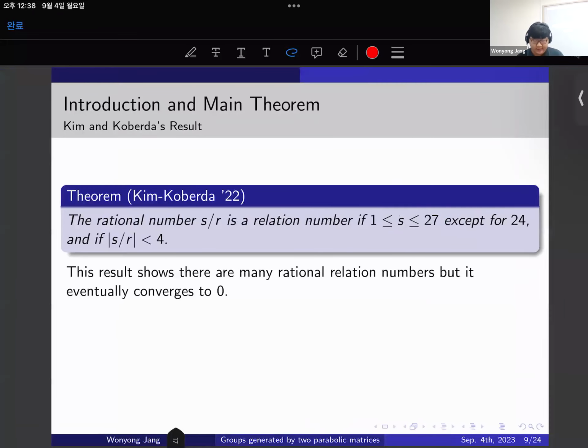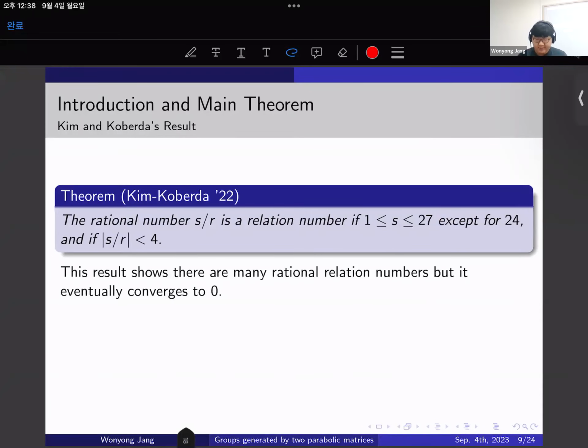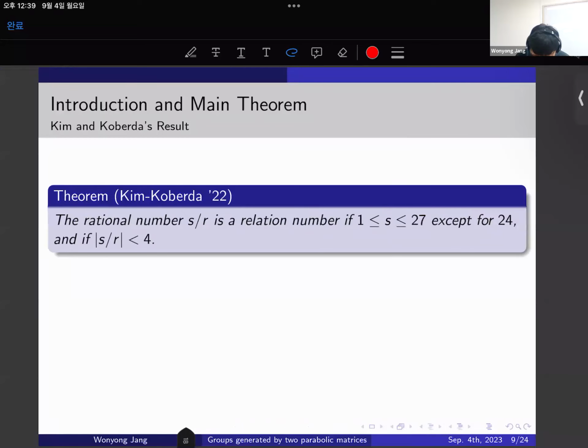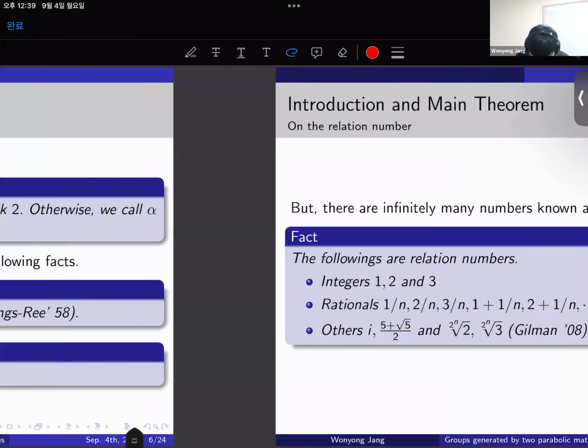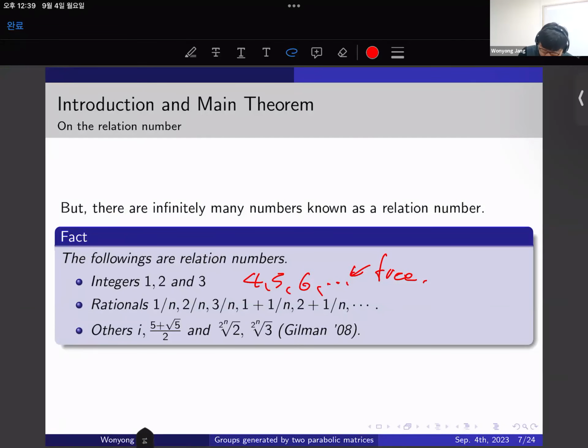So this result shows that there are many rational relation numbers, but because the numerator is bounded, because S is bounded, it eventually converges to 0. As I present, these numbers converge to 0, 1 and 2.